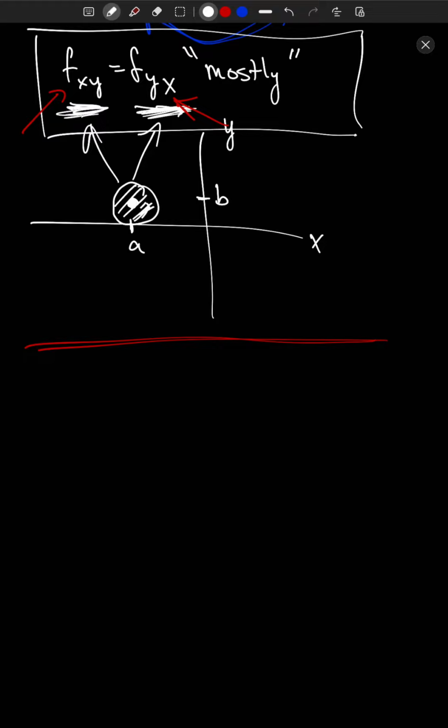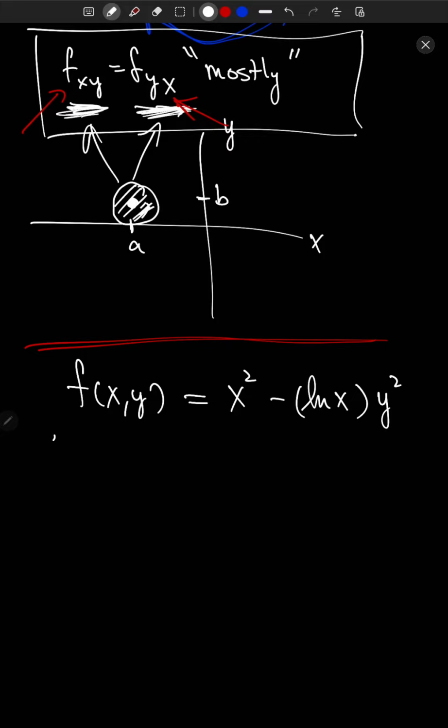Okay. Let me actually do an example just to confirm that this actually works, right? So f(x, y) equals, let's say, x squared minus natural log of x times y squared. Okay. So f sub x is equal to 2x minus y squared over x.